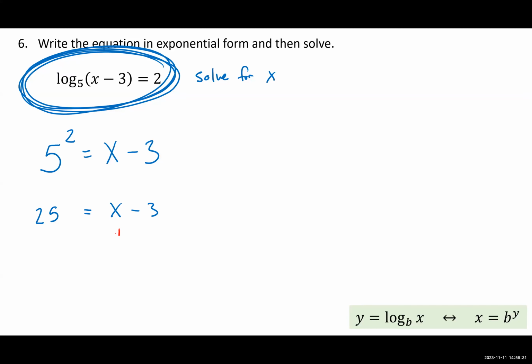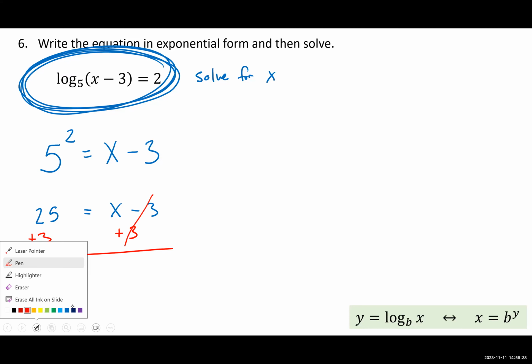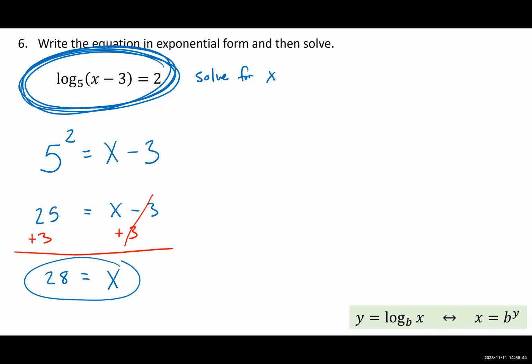Solve for x, so we add 3 to both sides. Those 3's cancel. We've got x is equal to 28.